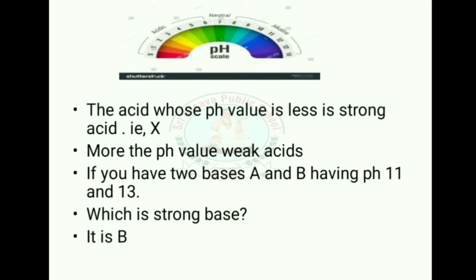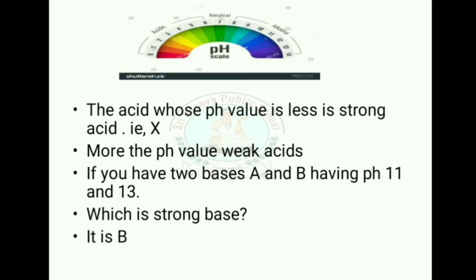Which is near to 7, that is the weak base. So if it has 14 or is near to 14, they are all strong bases. And here B is 13, which is the strong base.